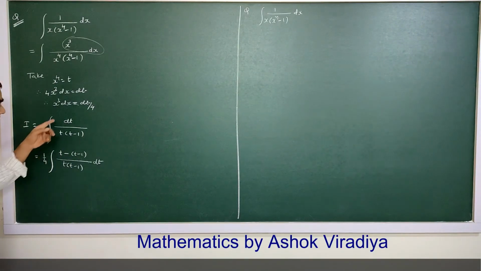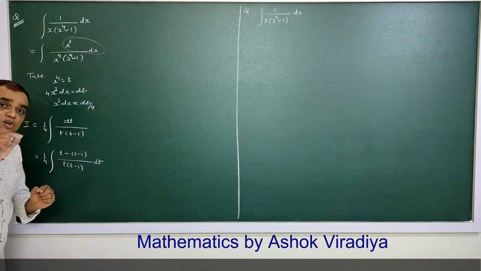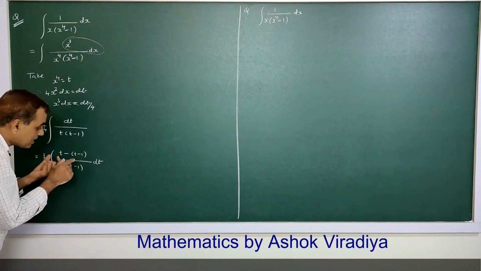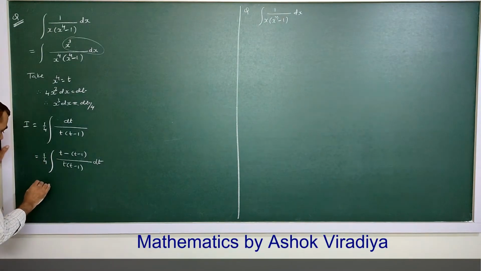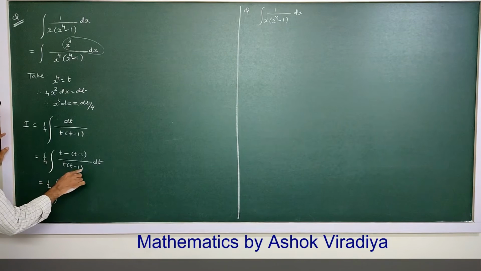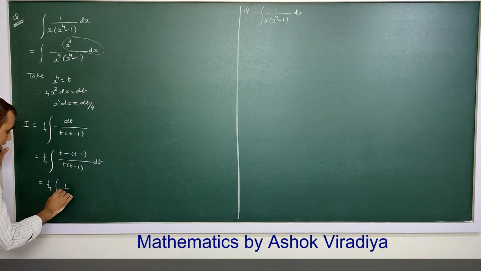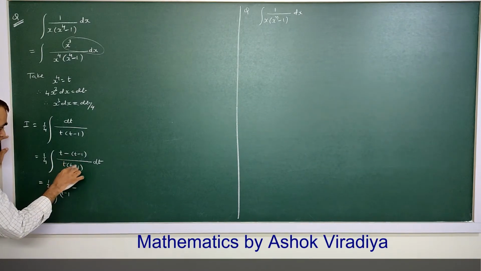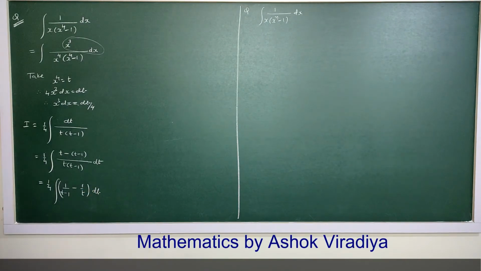So sometimes any constant given can be expressed as the difference or sum of the factors given in the denominator. Dividing this individually, t upon t into t minus 1 is 1 upon t minus 1, minus, dividing this one, 1 upon t dt.